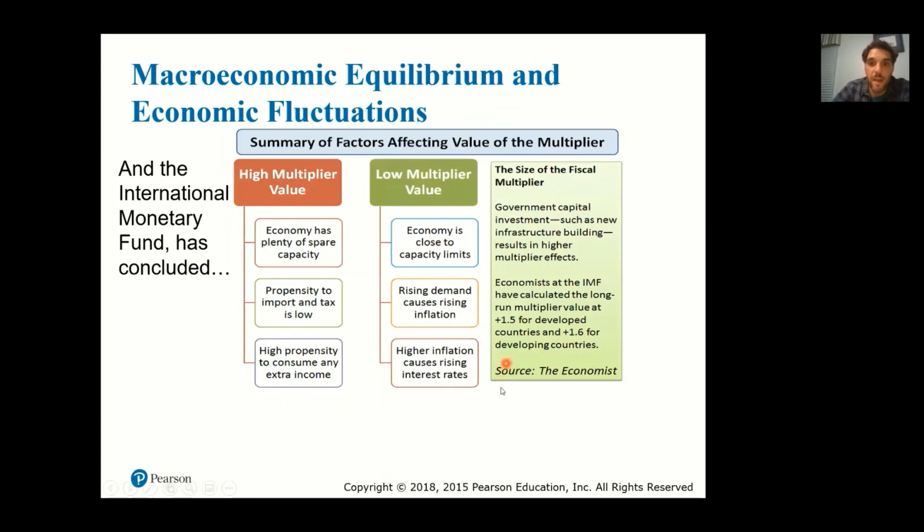The IMF has estimated it to be about 1.5 for the long run multiplier calculations. The key takeaway is maybe not necessarily what the magnitude of the multiplier is, but when is expansionary policy through increases in government spending most effective?